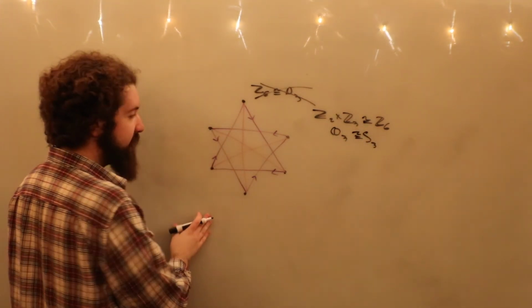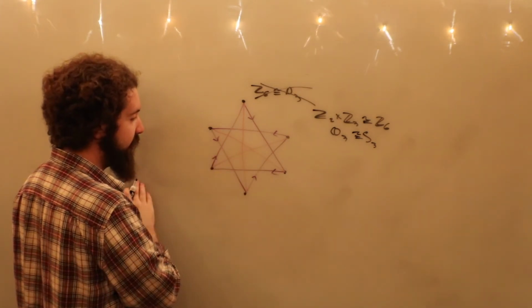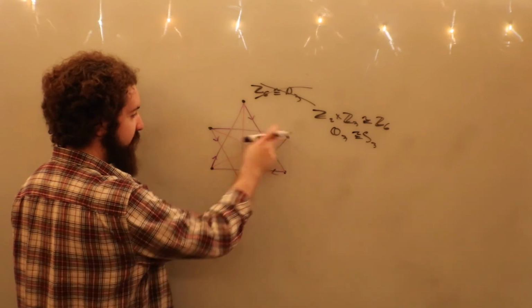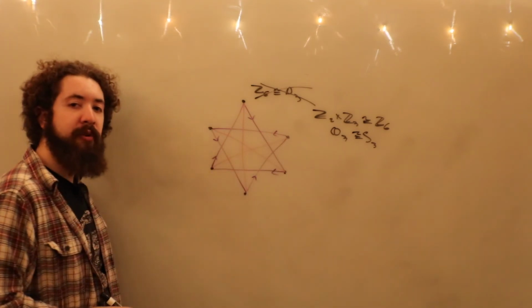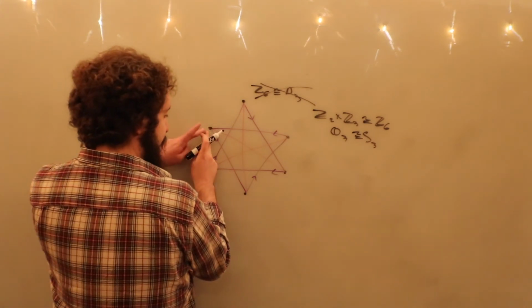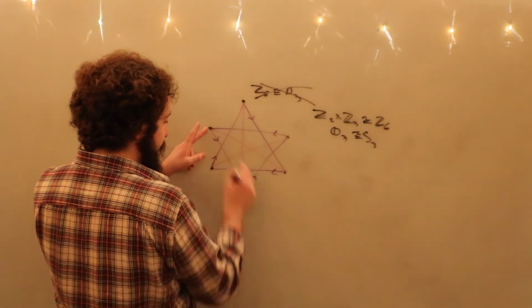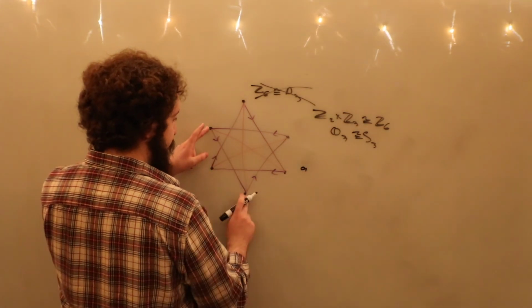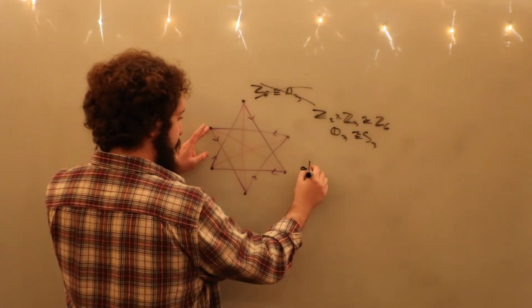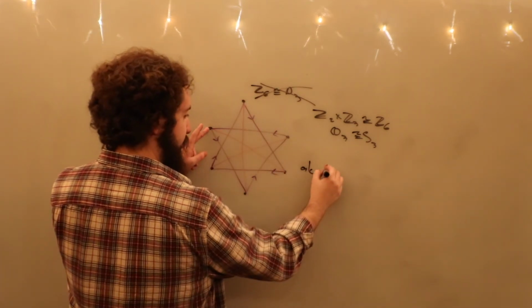So it does satisfy the first two relations, you'll recall. We have an element which squares to the identity and an element which cubes to the identity. However, that third relation is not going to hold. Okay, so if we start here and we call the purple edge A and the pink edge B. If we multiply by A, we end up here. Then we multiply by B, we end up there. Then A again, we end up here, and then B again, we end up there.